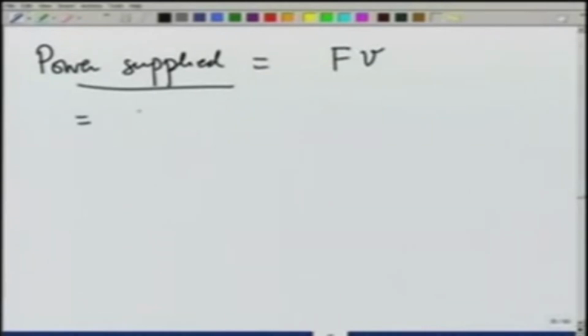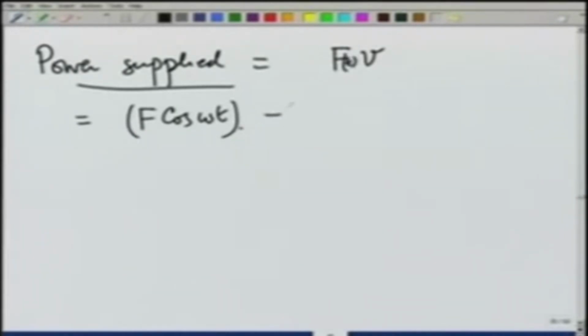Power supplied is going to be equal to the force applied times the velocity, and this is going to be equal to f cosine of omega t. Remember, force is changing with time. Let me write this f t.